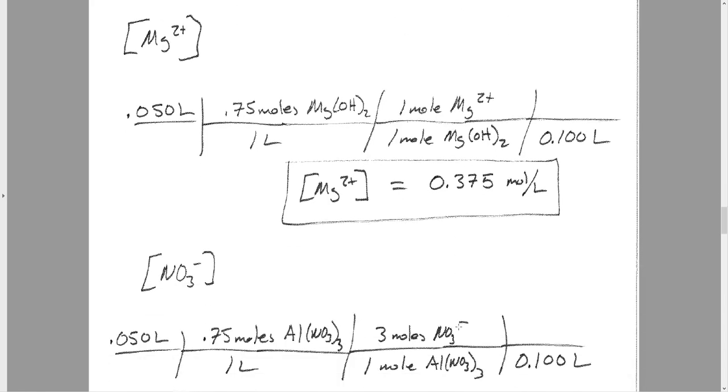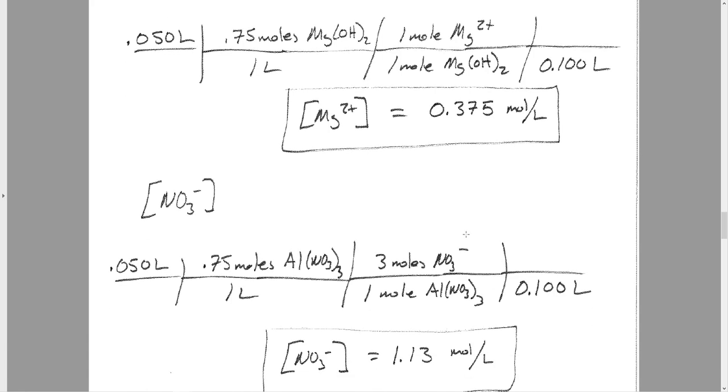We'll do the same thing for the nitrate, but this one we gotta be a little more careful because the subscript for nitrate in our source of nitrate was 3. The subscript for magnesium in our source of magnesium was 1, so that was just a 1-to-1 ratio. But notice here, to figure out how many moles of nitrate I started with, I would do liters times molarity, just like I did up here.